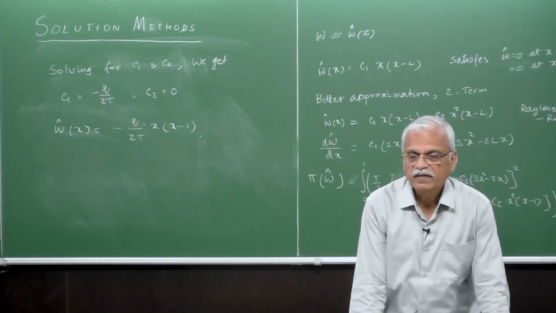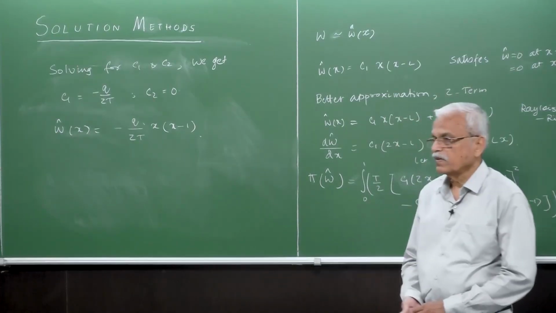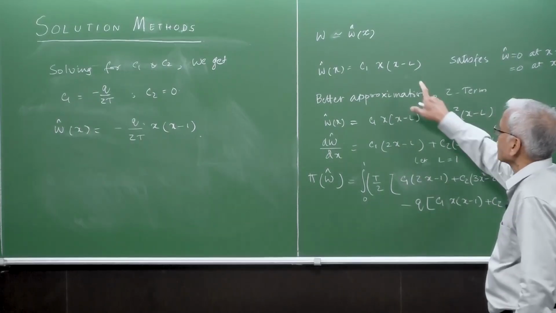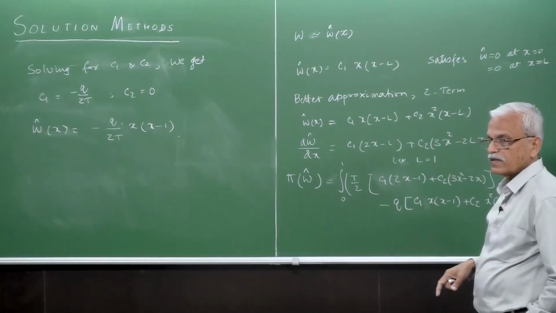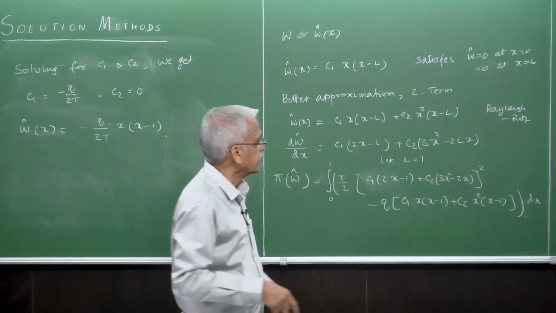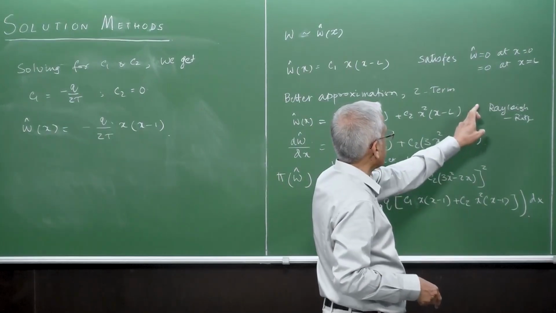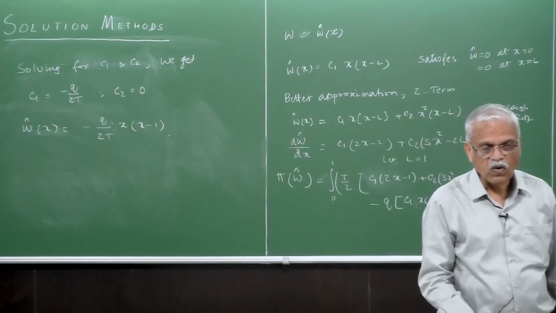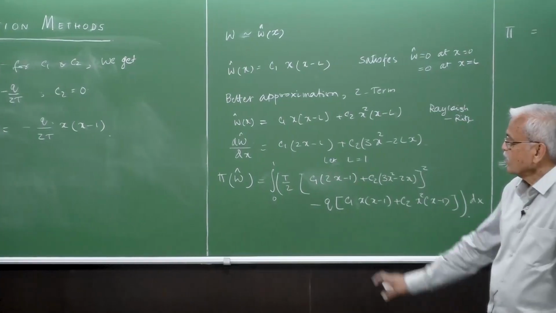So you can very easily extend this argument. You can add one more term, a third term, C3. For example, you can also add one more term here, a third term, the possibility being C3 into x cube into x minus L like this. So you can go on increasing the accuracy of W hat.